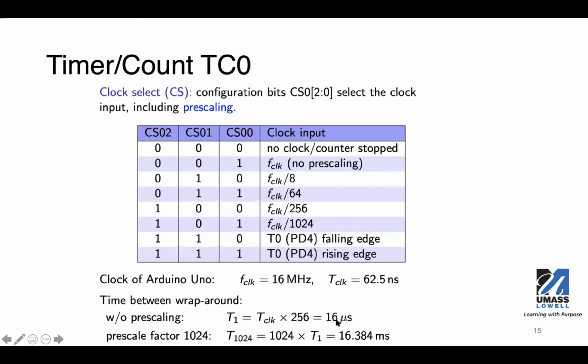That will give you 16 microseconds. Now, if you do pre-scaling, you can divide the frequency by 1,024, and that means you will increase the clock period by 1,024 times. So you essentially will be 1,024 times this 16 microseconds. That will give you about 16.384 milliseconds.